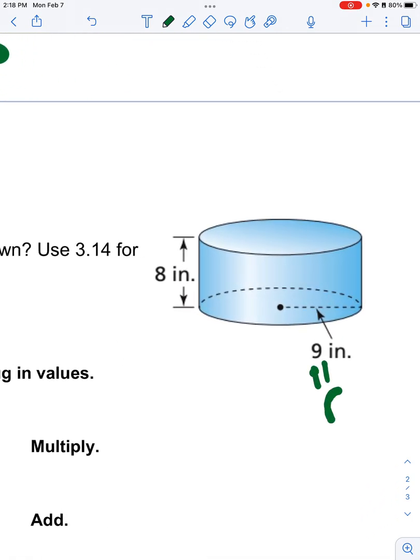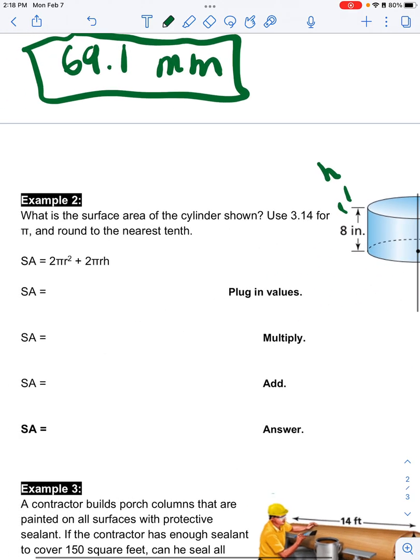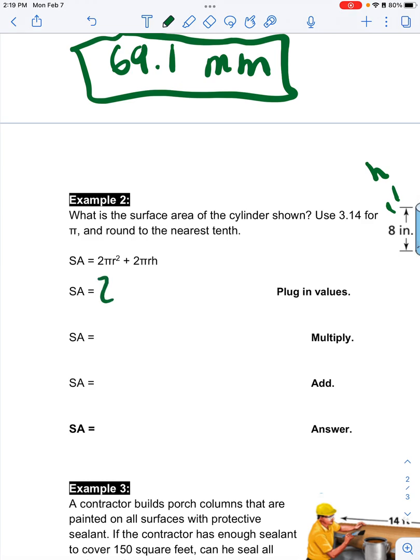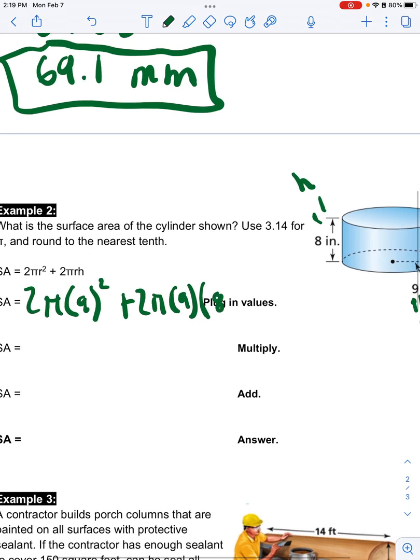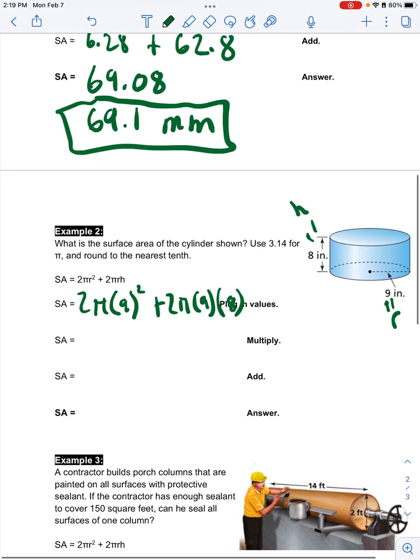This example, determine what you have. This is giving me the radius, which is good. I usually use the radius more. And this is my height. So if I plug it in, 2 times pi times my radius squared plus 2 times pi times my radius times my height.